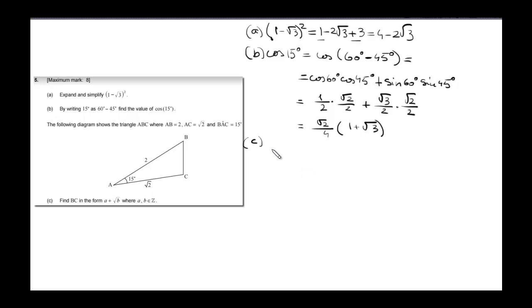For the third part, we are given that AB is 2, AC is square root 2, and the angle A is 15 degrees. So we know two sides and the angle in between. Therefore, we can apply the cosine rule.